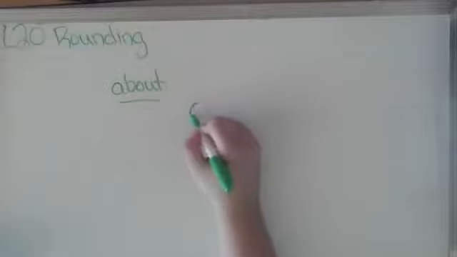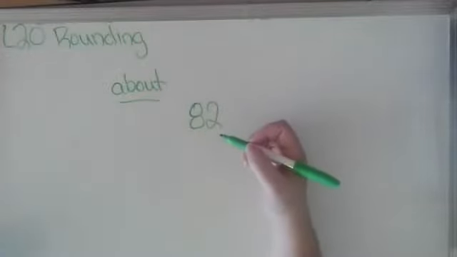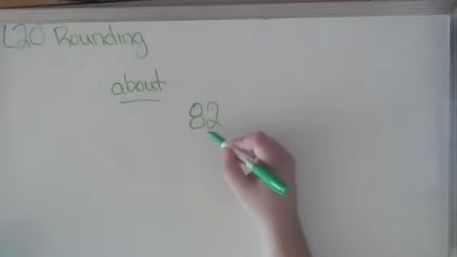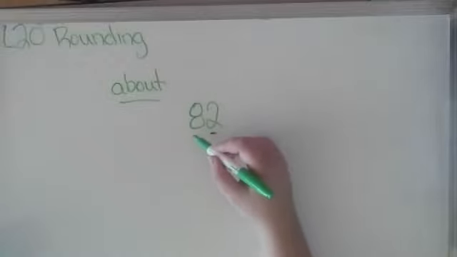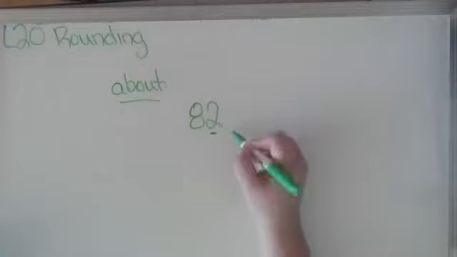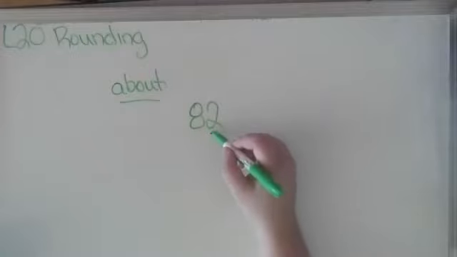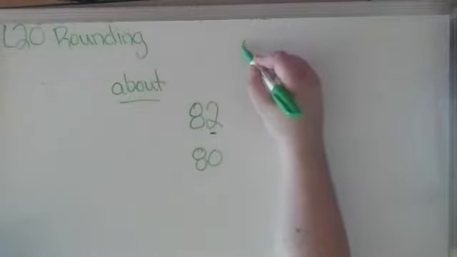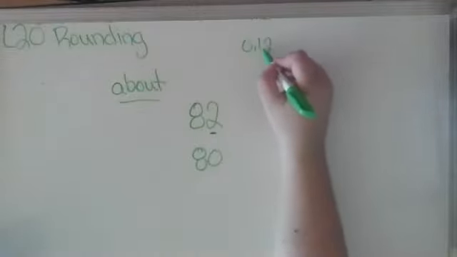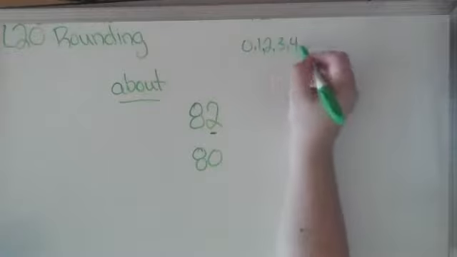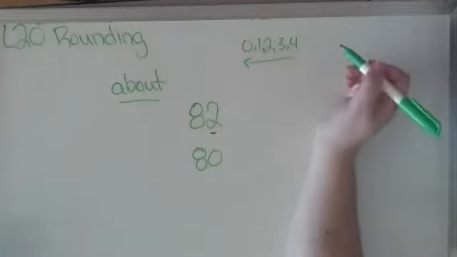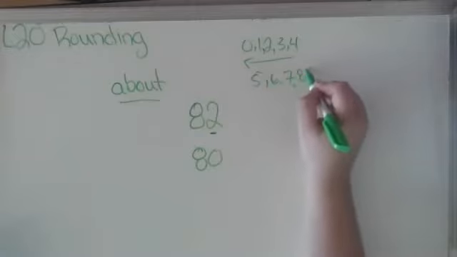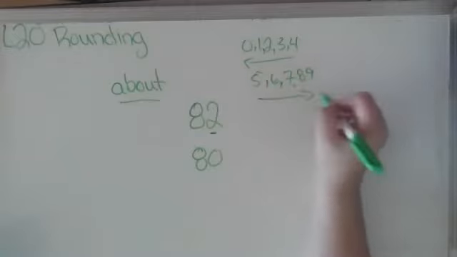So for example, if I'm rounding 82, I'm rounding 82 probably to the nearest 10, which means I look at the 2, and the 2 tells me whether I go up to 90 or down to 80. In this case, I am going down to 80 because 0, 1, 2, 3, 4 tell you to go down. 5, 6, 7, 8, and 9 tell you to go up.